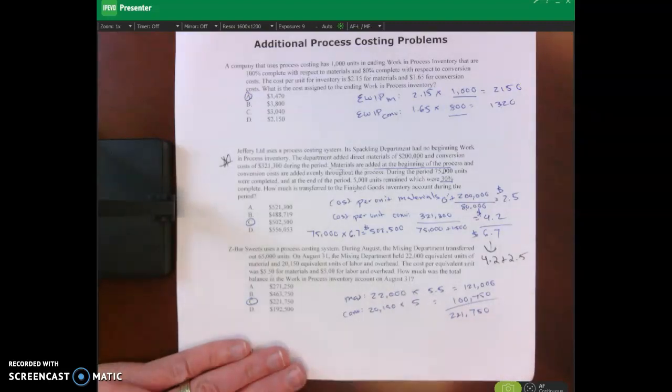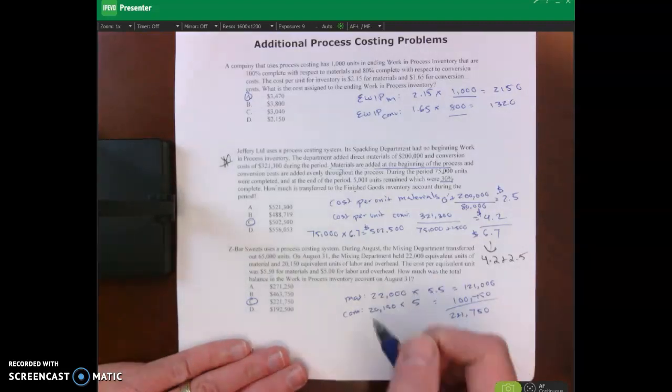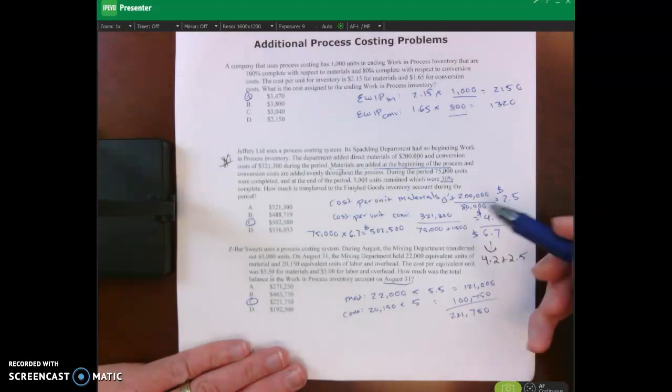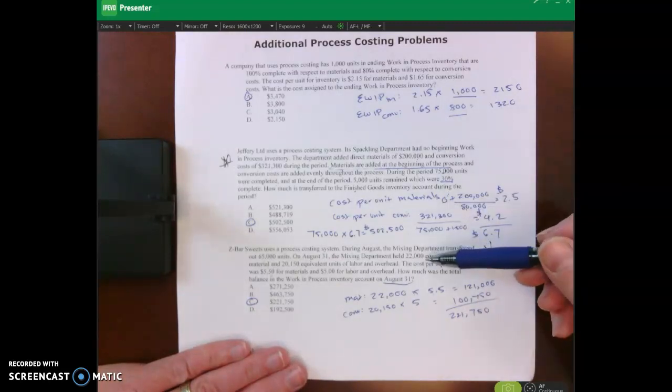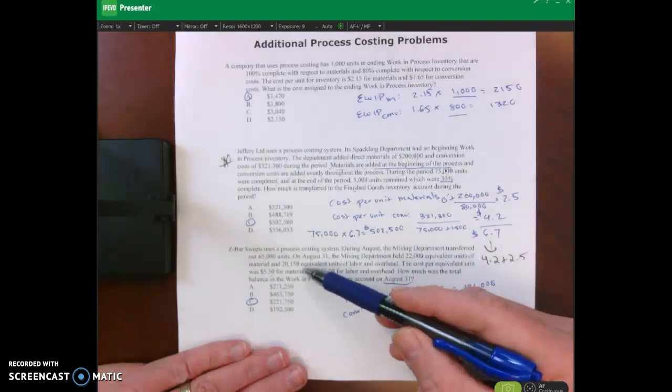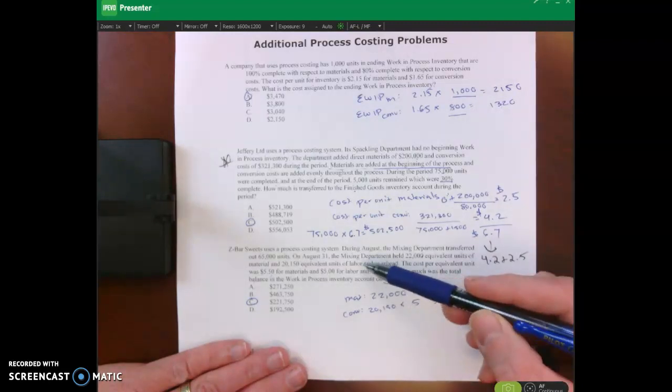This is basically a different way of asking you, what is the value of ending WIP? How do I know that? Because it's saying at the end of the month. Okay? So we have to come over here and they say, in this one, we're telling you we have 22,000 equivalent full units. And then 20,150 equivalent full units.